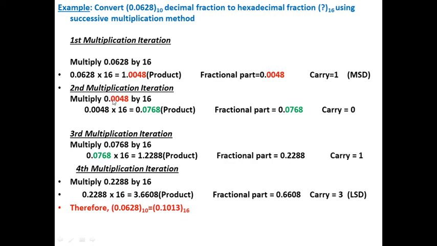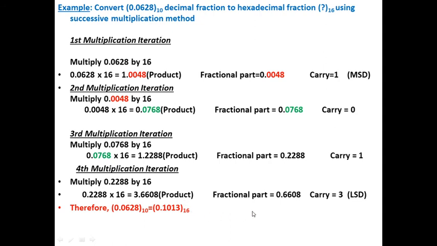So it is 0.0048, again multiplied by 16. The answer is 0.0768. Out of this, again this 0, that is a carry or an integer part, keep it aside, and move this 0.0768 as a fractional part ahead, multiplied by 16. The answer is 1.2288. Again remove this 1, keep it aside, move the fractional part 0.2288.